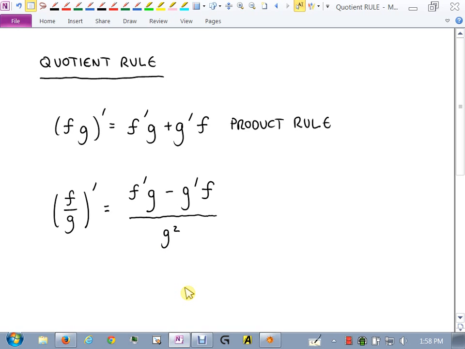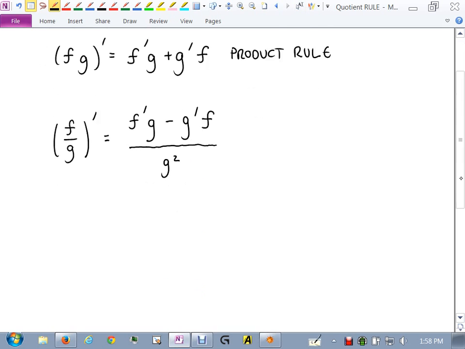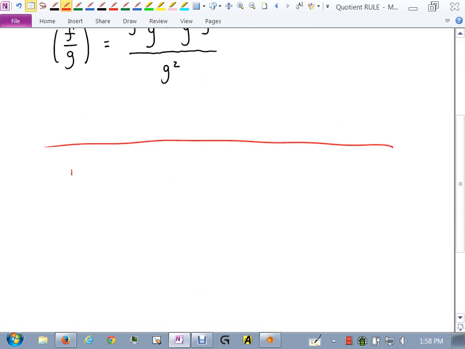Now, this is where I want to try and explain something. Who has the book? Anyone have the book? No, you don't have to dig it out. Someone has it on their desk. I want to show you what the book does because I'd like to discuss it. When you get to 2.24 in the book, it says their product rule is this: fg prime plus gf prime.